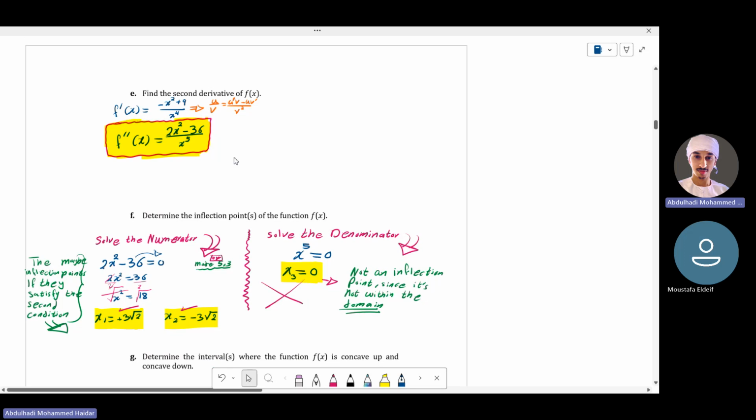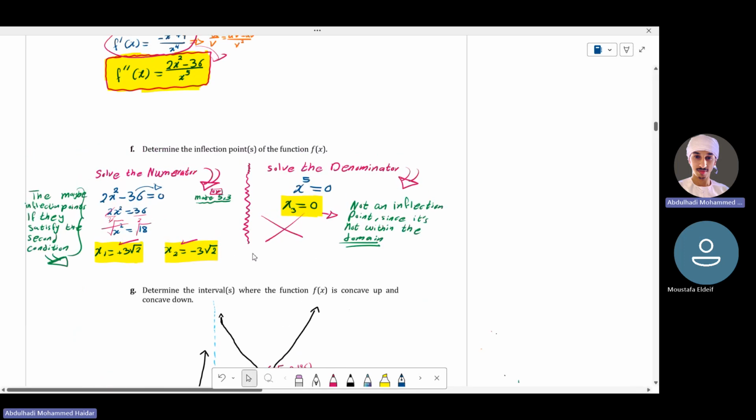Then find the second derivative. We have already found the first derivative, so the second is this one, same as we did with the quotient rule. Then to determine the inflection points, you are going to solve the numerator and solve the denominator. Solve the numerator, just equal it to 0.